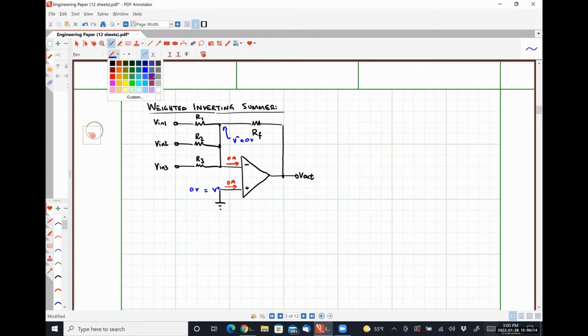So if we apply Kirchhoff's current law at this node, the inverting input node, we're going to be adding all 4 of these currents together.